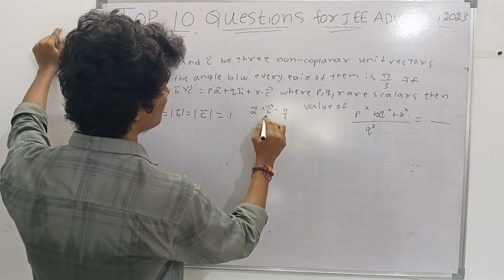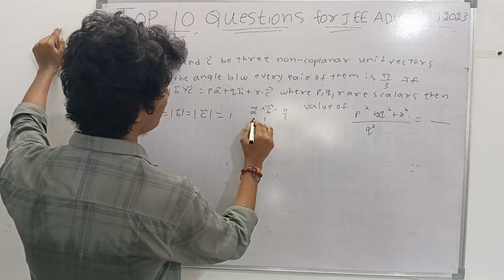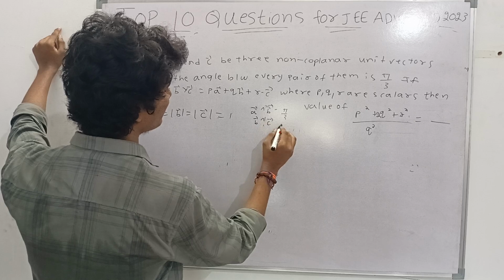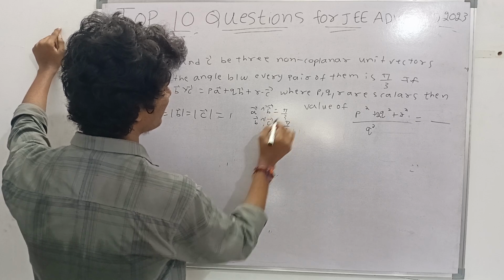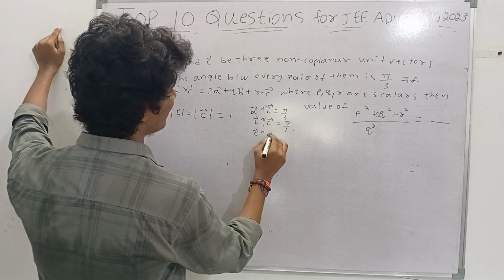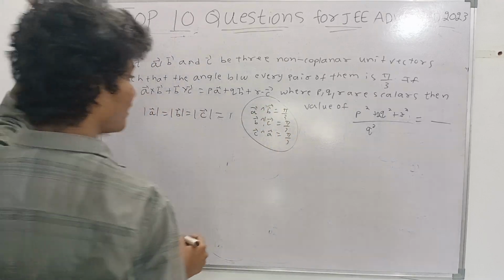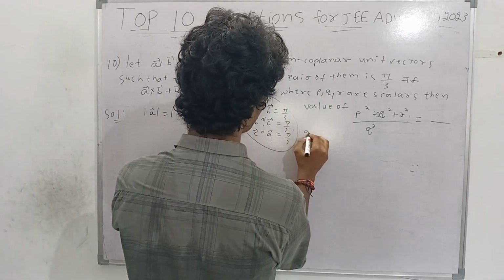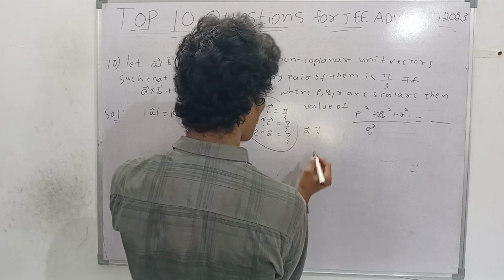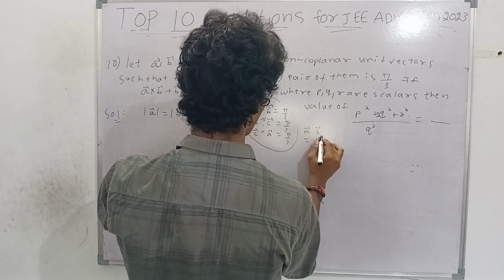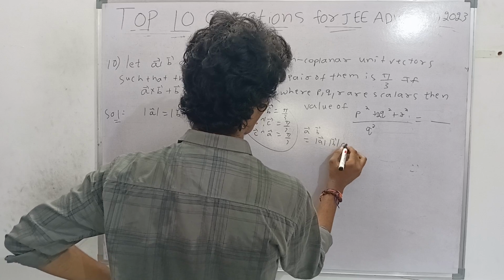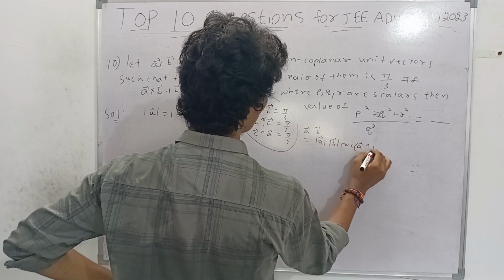It is pi by 3. Similarly, the angle between b vector and c vector is pi by 3, and between c vector and a vector is pi by 3. So these things are clear here, and by this we can easily find a dot b. What is the answer of a dot b? That is magnitude of a vector, magnitude of b vector, and cos of the angle between a vector and b vector.